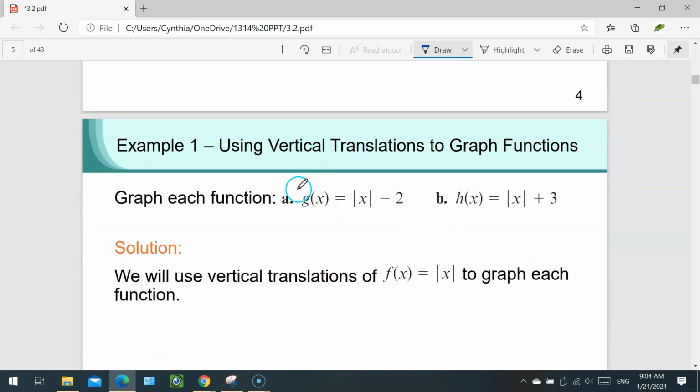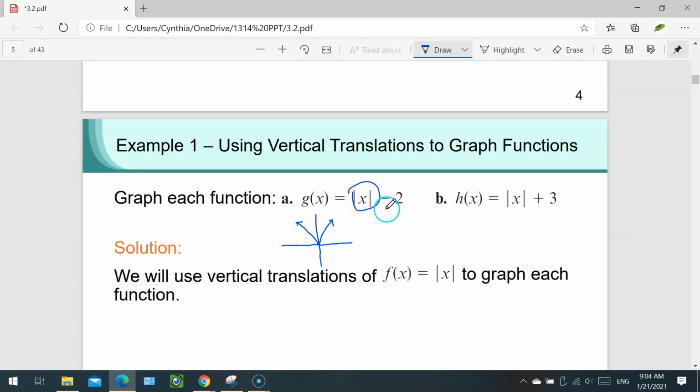So we do a practice here. g of x is equal to the absolute value of x, minus 2. Here, this is the basic absolute value function. The basic function of the absolute value is the V shape facing up, passing through 0, 0.